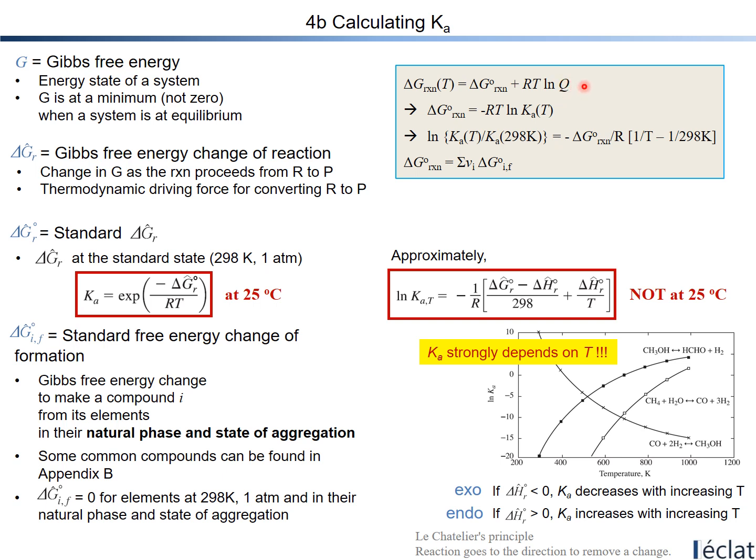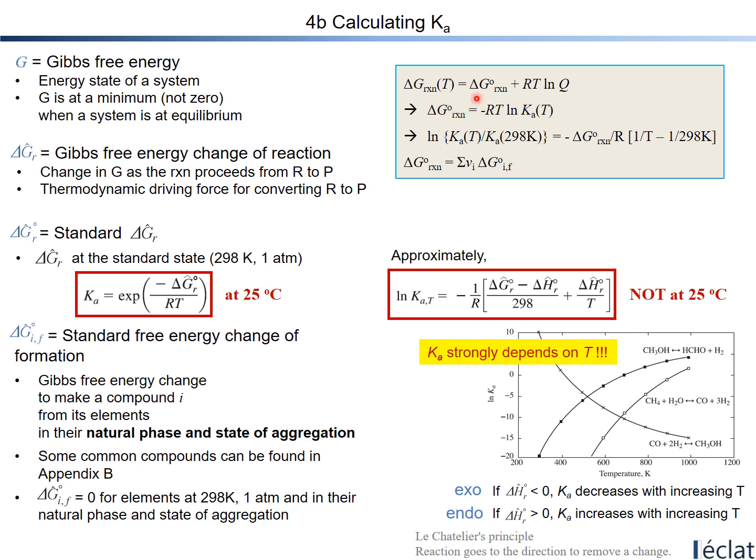At equilibrium, the delta Gibbs free energy goes to 0, and at the same time Q goes to the equilibrium constant. Then, from these equations, you can obtain the value of the equilibrium constant if you know the value of the standard state Gibbs free energy change of the reaction.